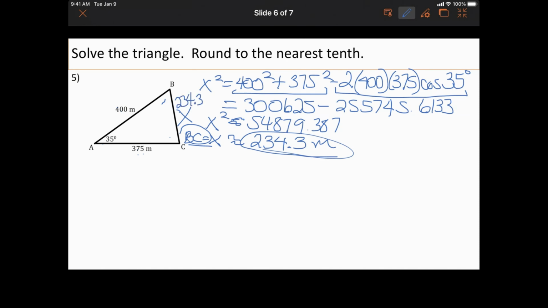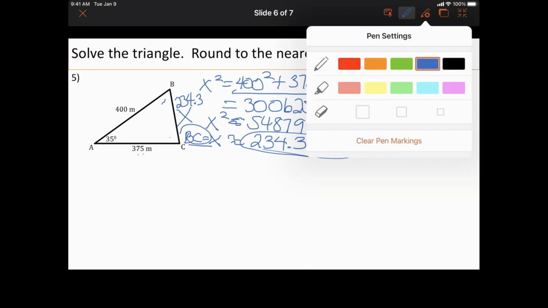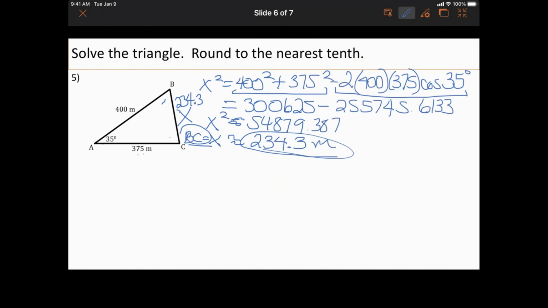Okay, now I have to find an angle. And when you do this, yes, you can use the law of cosines, but now you can use the law of sines because you now actually have this pair, right? So you can write it as the ratio of the side to the sine of the angle. So now that you can write that, you can find the other two angles. All right, so I'm actually going to find this angle, angle C, just because I feel like it. And you could have found angle B if you want.